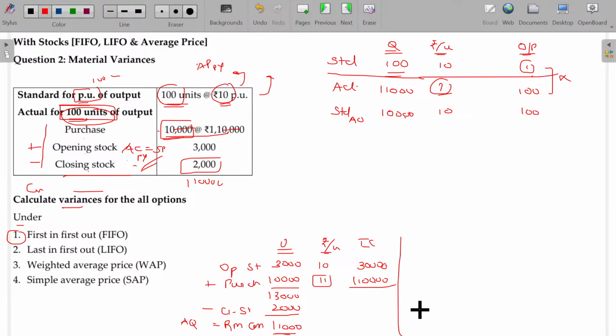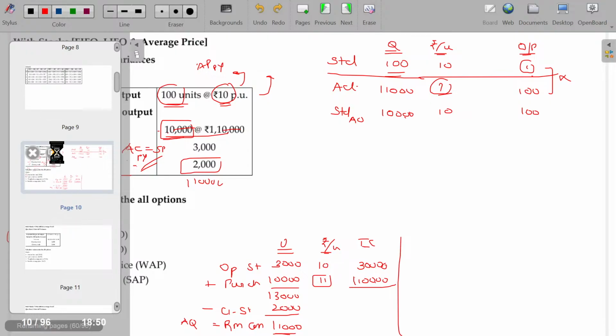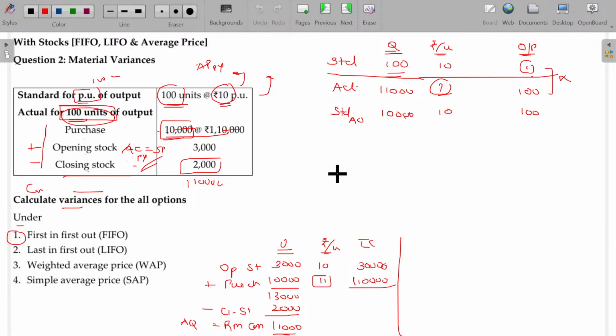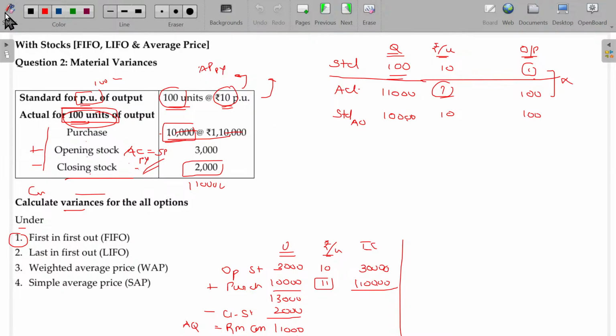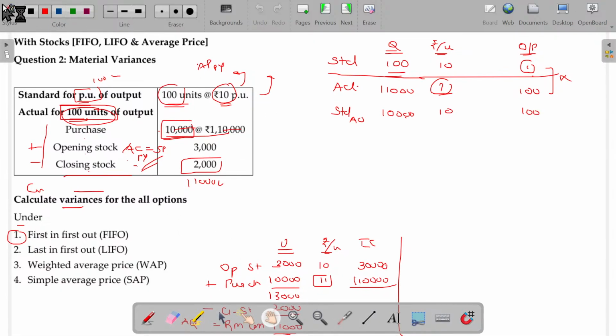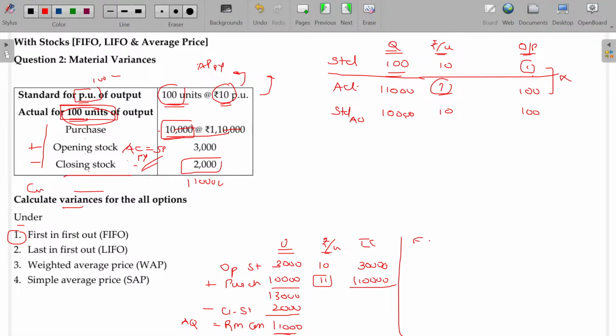Now, tell me, what is the price of this one, sir? Under FIFO model, what is the price? I have to calculate this. Under FIFO model, the consumption is 11,000 units.